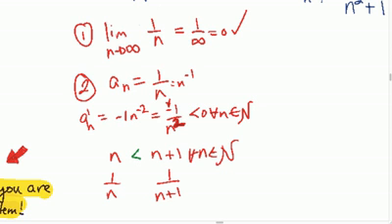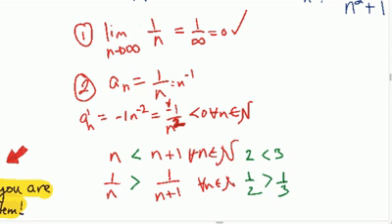If you doubt my words, just take a couple of numbers like 2 and 3, and when we flip them, that relationship is reversed, because 3 is greater than 2, but a third is smaller than a half. So therefore what we've done is we've proven it's decreasing because we've said that the original term is always greater than the next term, the n plus 1 term.